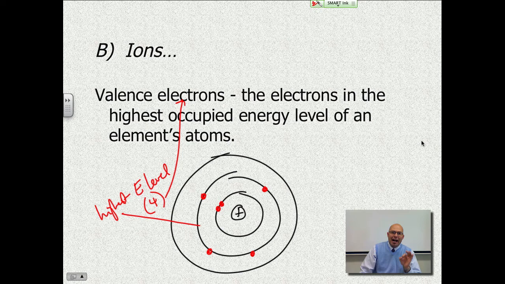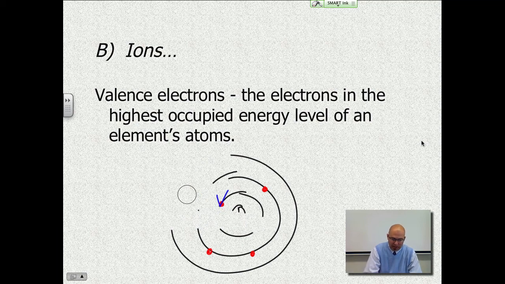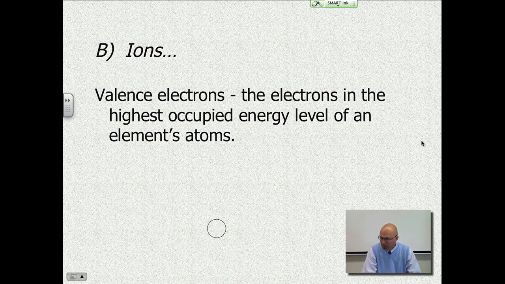The electrons in the highest occupied energy level. It would not include the ones that are closer to the nucleus or the lower energy orbitals. Okay? And again, this kind of goes back to talking about electron configurations and whatnot. But so there's your valence electrons and how that kind of relates.